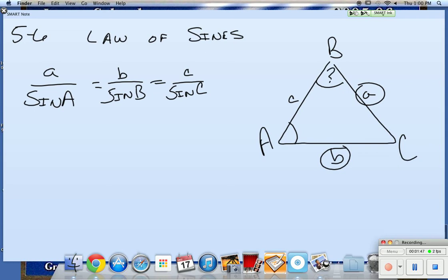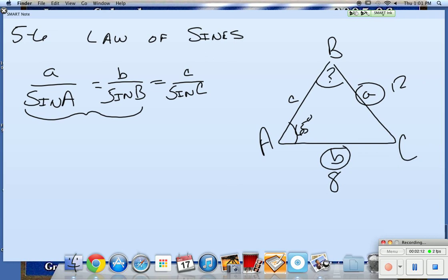Let's say my angle here is 65 degrees. My side over here is 12. I'm given a side down here of 8. And I have to figure out what my angle B is. It's simply putting it in. So in this case, we're using A and B. So I'm going to use these two right here.